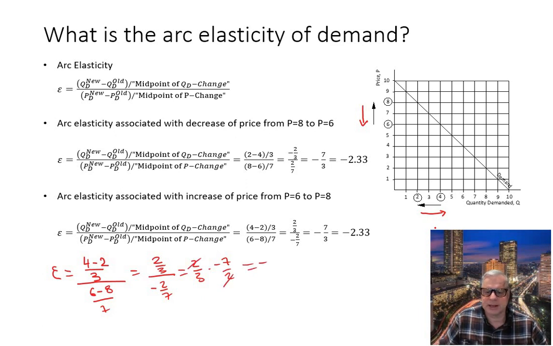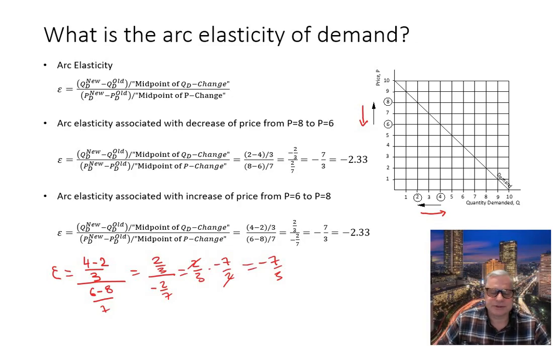So we also get negative 7/3. So the arc elasticity avoids the problem that we get different values when we lower the price and then reverse it again.